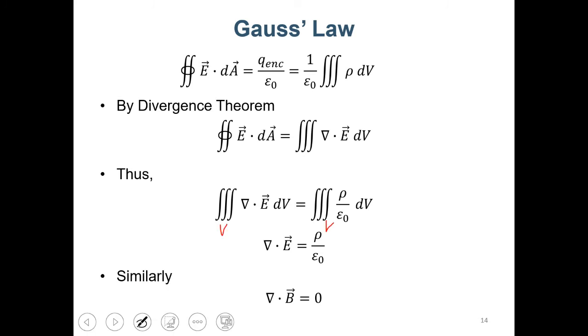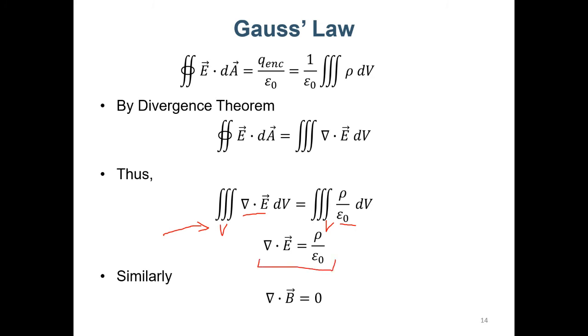So the argument can be something like, because this volume is arbitrary, every point should be the same to make the whole integral equal. So the inside parts should be equal to each other.